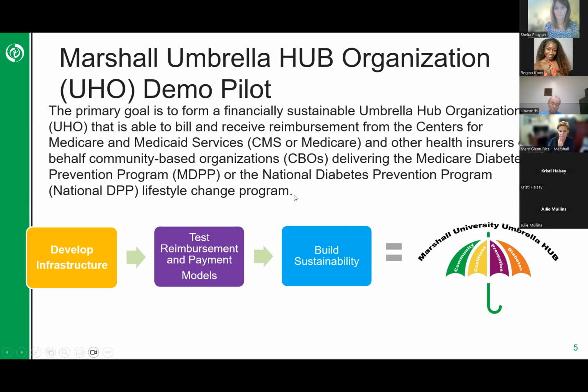Because really, if you think about it, at the grassroots level, this reimbursement model will help communities sustain their National Diabetes Prevention Program long term and not rely heavily on grant funding, which we know is not reliable.